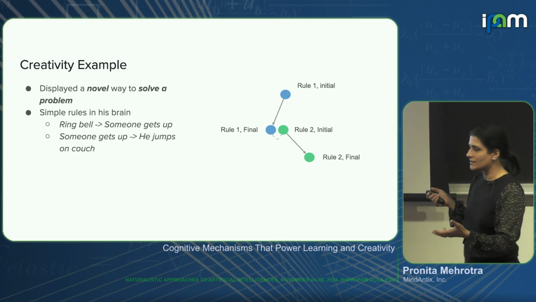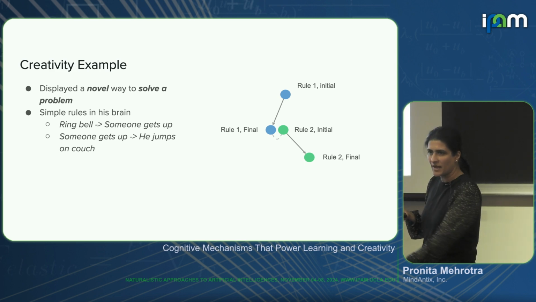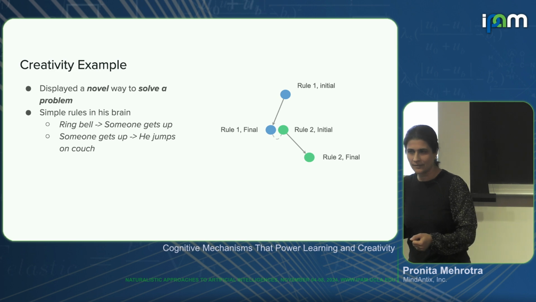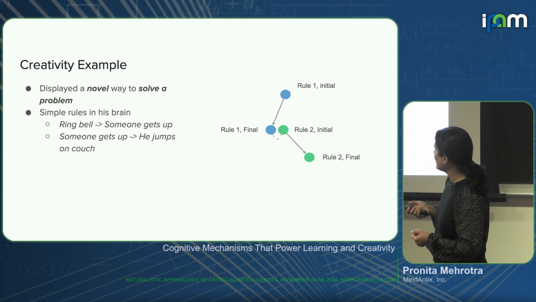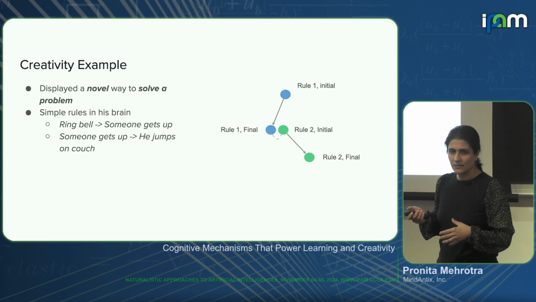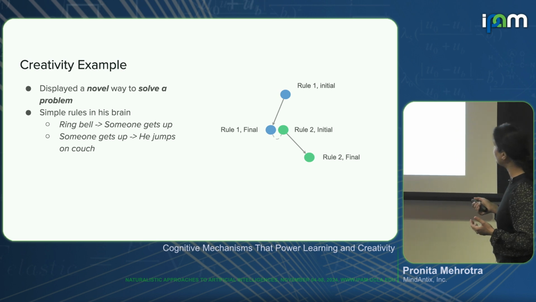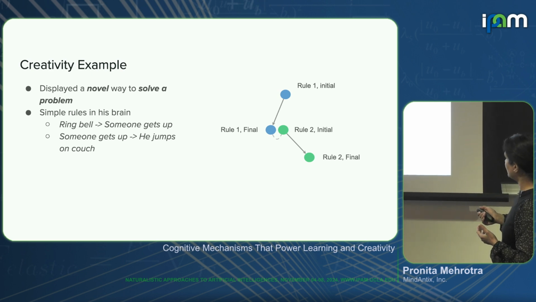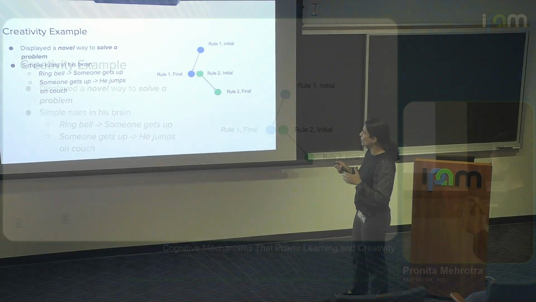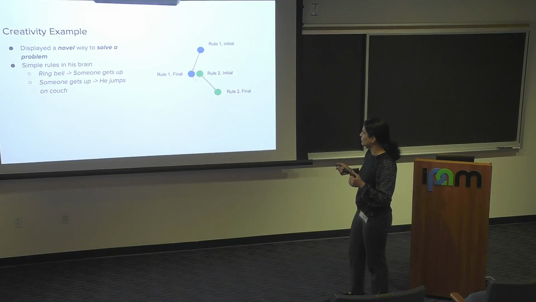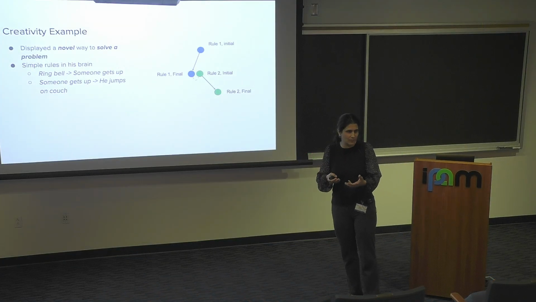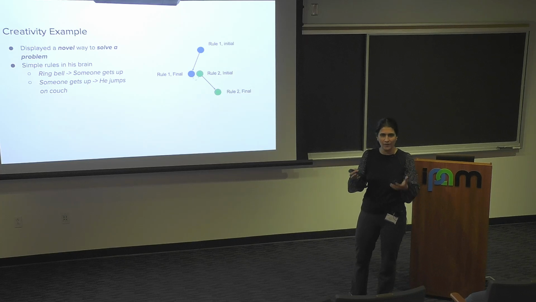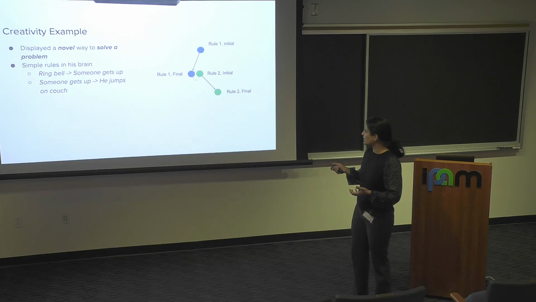And then he's also seen these associations: when somebody gets up, I get a spot to go and claim, to sit on the couch. So in this particular case, when the final state of the first rule and the initial state of the second rule are the same or similar, and the neurons get fired around the same time, you can make a connection, right?